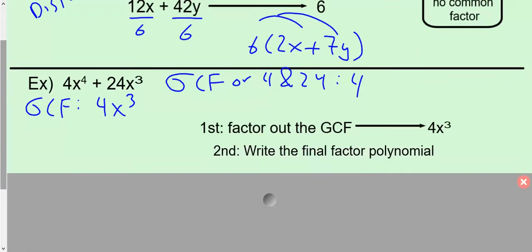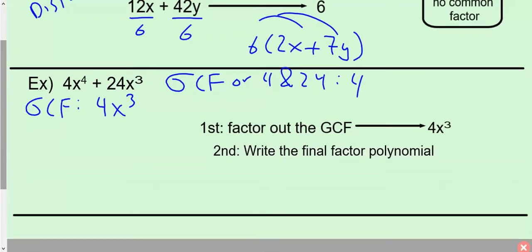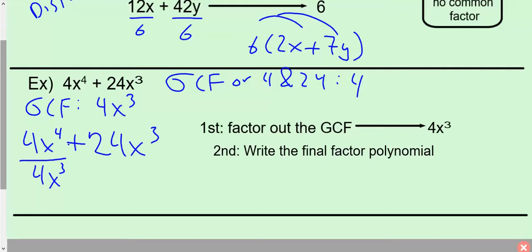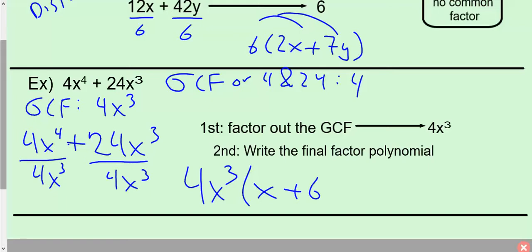Now to do this, we're going to divide 4x cubed out of both of these. So 4 divided by 4 is 1. x to the fourth divided by x to the third is x. So you have 1x. And you see how that is a whole number? x is a whole number. And then 24 divided by 4 is 6, and x to the third divided by x to the third is just 1. And so you just have 6 left over.